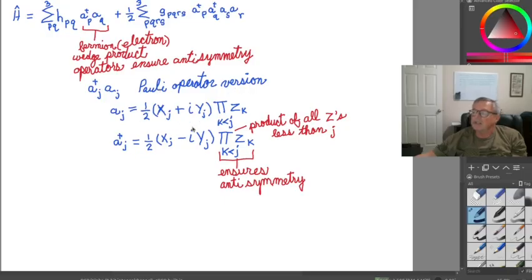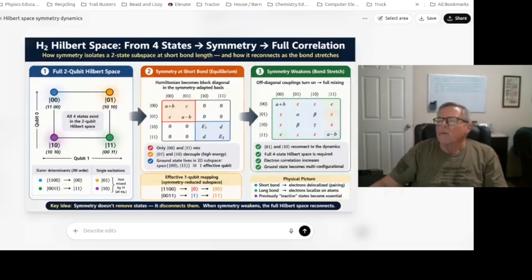This ugly thing is the two Jordan-Wigner transformations. I'll just point out a few things. I'll start over here with this strange symbol, which, rather than a summation, is a product of all the Z's that are less than j. And really what it does is it counts electrons to the left.